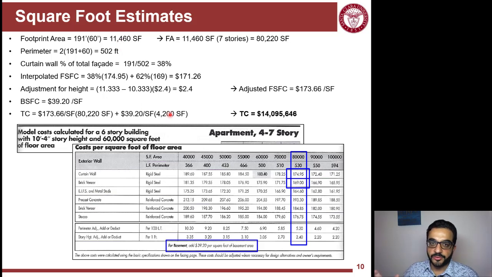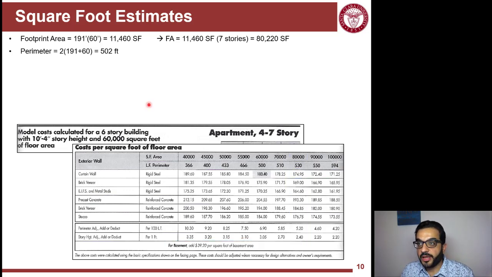Just to make the difference clear, the basement is not covering the whole footprint of the building above ground. It's just a part of it. So now I multiply every area by its corresponding square foot cost, above ground and below ground, and I end up with the total cost. That's the total cost of the project based on the brief description that I have from the previous slide.